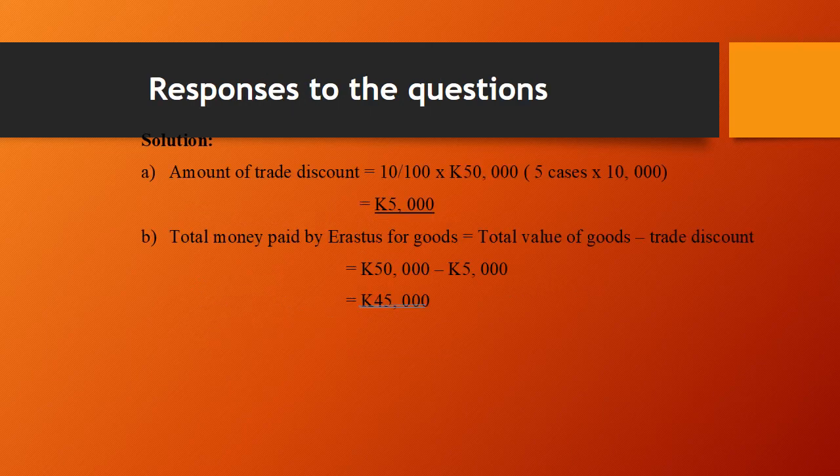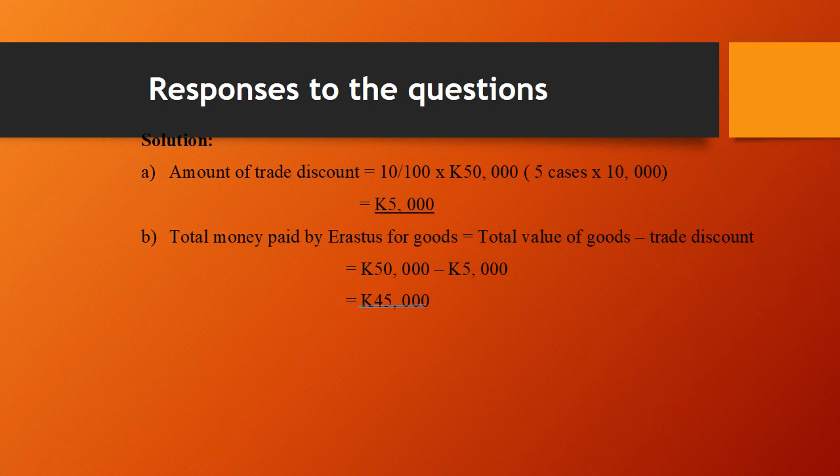The first thing that we need to look at is how much this debtor was supposed to pay if he was not given a discount. To find how much this debtor was supposed to pay, we need to multiply the number of items collected by the price per item.